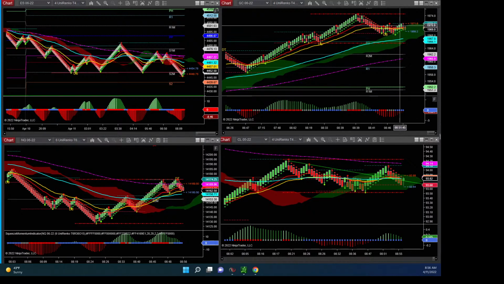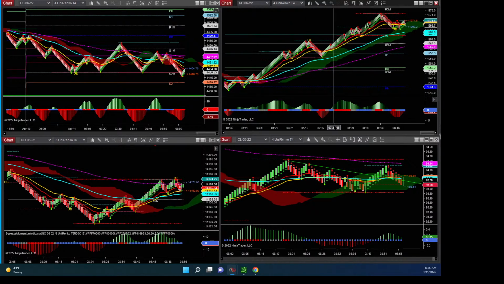I took it like in the third candle, which is impulsive. Anyways, the move's already in there, so yeah.